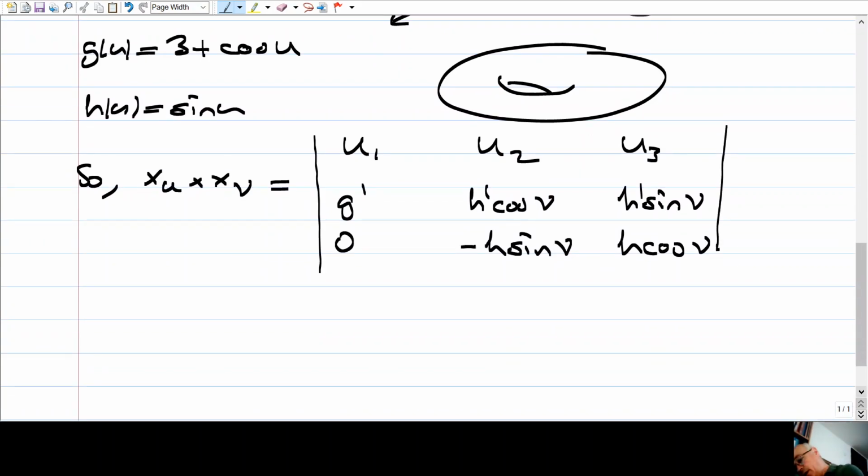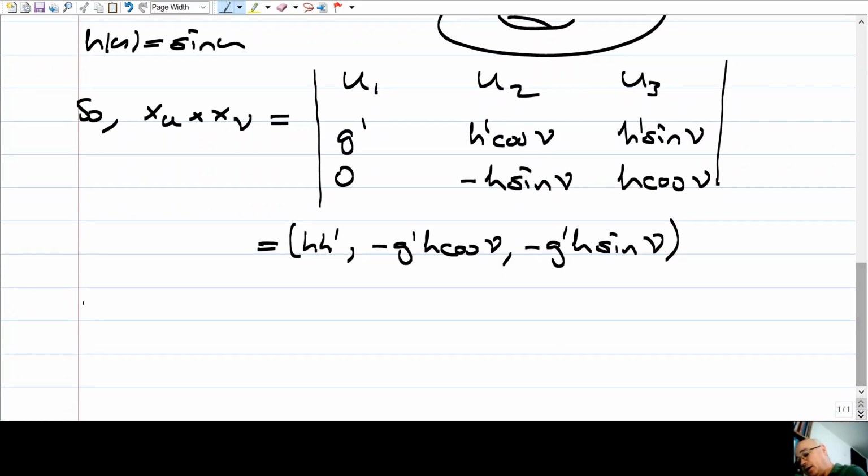Okay, and if you compute this determinant, the i coordinate is this, and then minus g prime h cosine v, and then minus g prime h sine v.